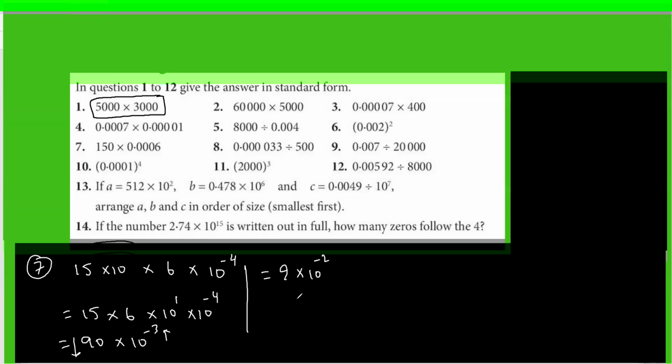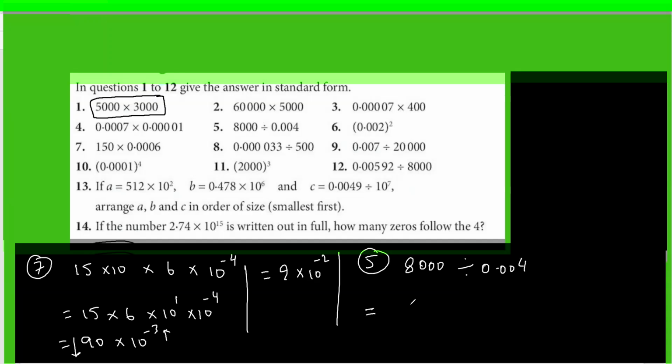Similarly, look at this. Can you try this fifth question? It says you have 8,000 divided by 0.004. There are many ways of dividing them, but we are just trying to do this through the standard form method.